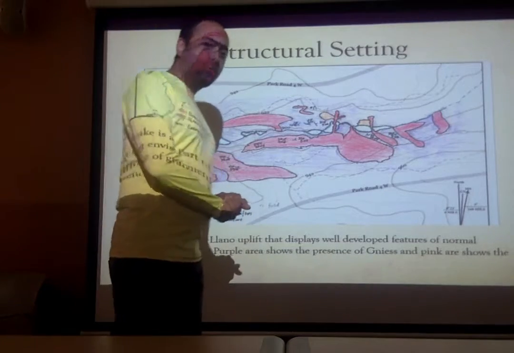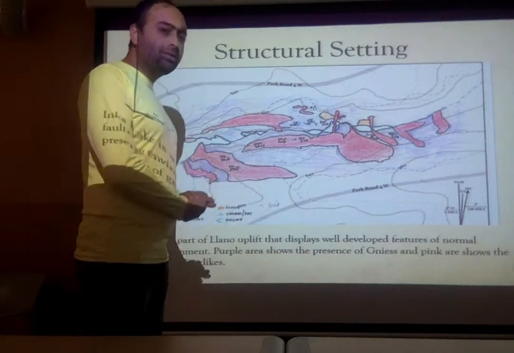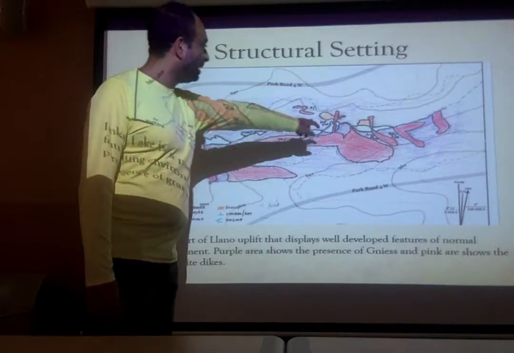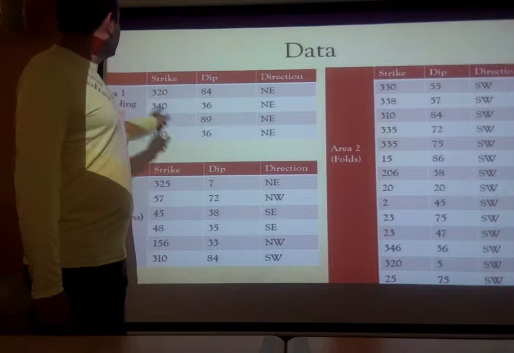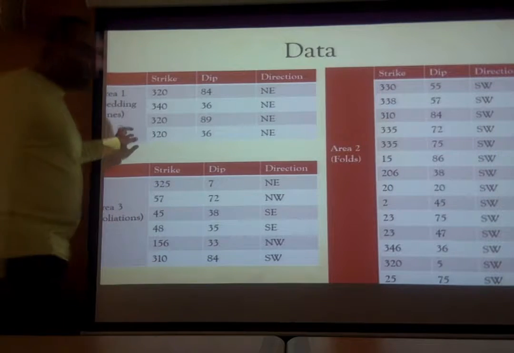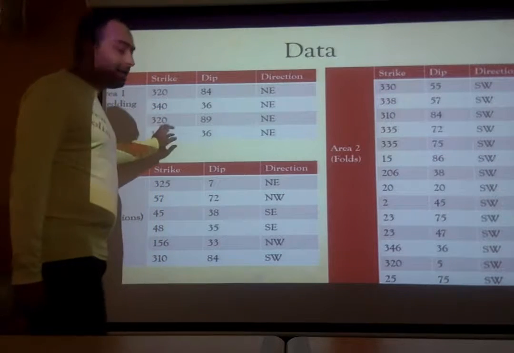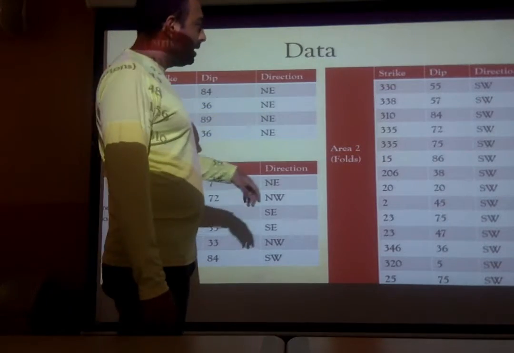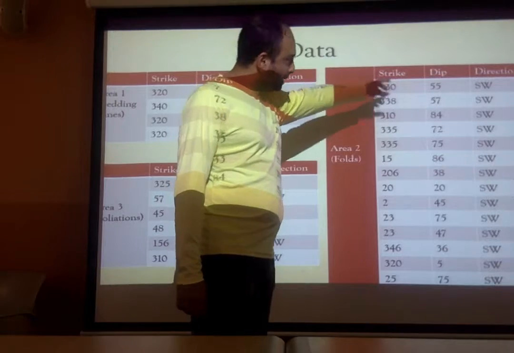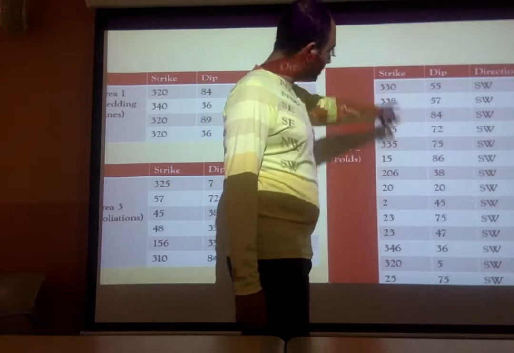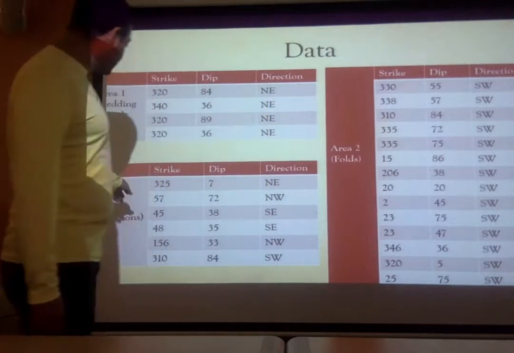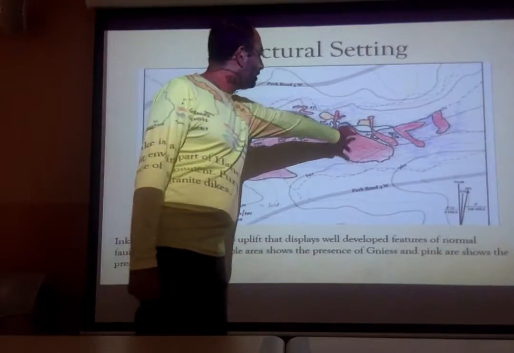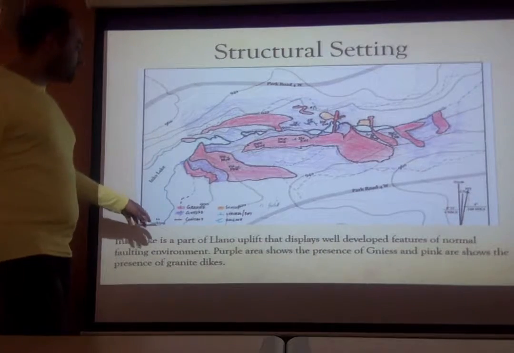For this project, we split our area into three sections: area 1, 2, and 3. In area 1, we did the bedding, and most of the data we got were toward the northeast. Area 2 was folding, and for the folds, the strike and dip we did was toward the southwest. And the strike and dip we did for area 3, which is around this area, was the foliation.